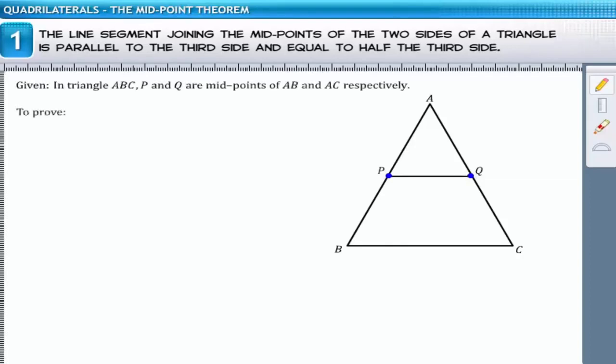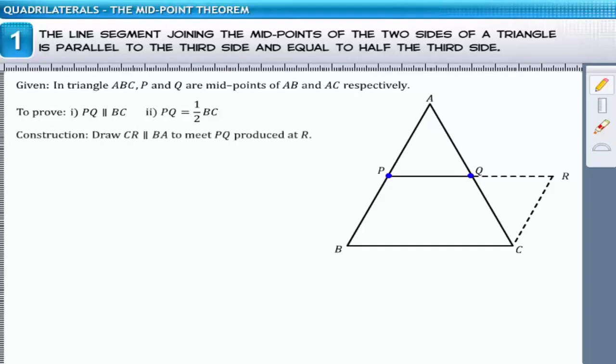We have to prove that line PQ is parallel to side BC and PQ is half of BC. Draw a line CR parallel to BA such that it meets PQ produced at R. Here, we'll prove that the quadrilateral BCRP is a parallelogram.